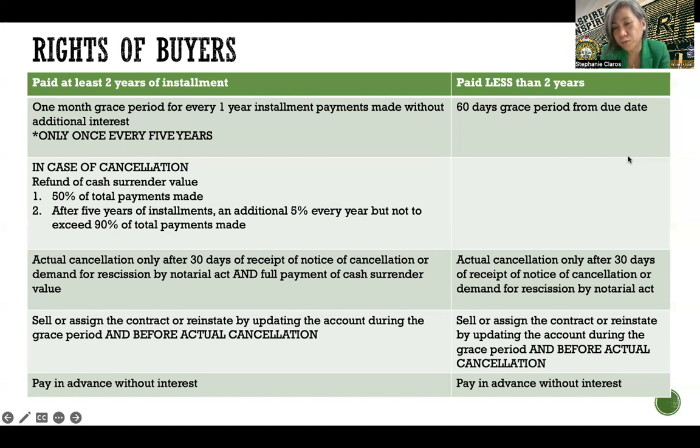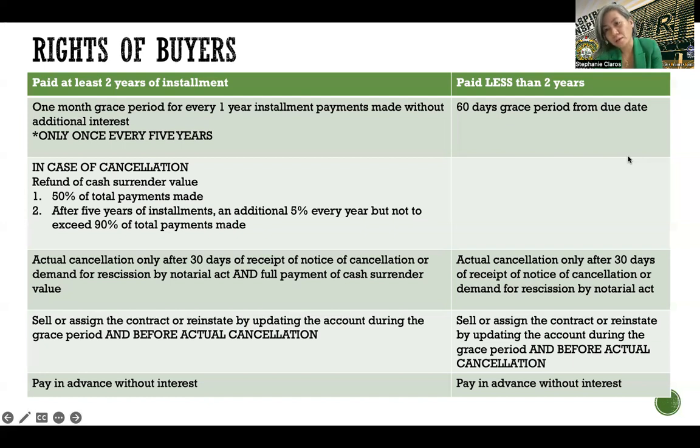So if you want to make advance payment, then as long as the interest are first paid off, you can prepay the contract so that you finish it right away, and that can be made without interest.